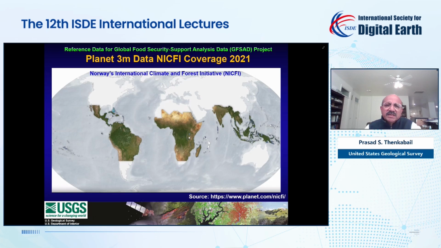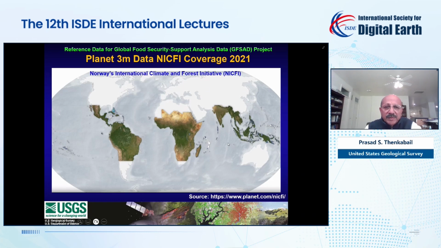One means is to get this data from 3-meter resolution, planet-wide data from the PlanetScope Doves and SuperDoves. They acquire data almost daily. And Norway's International Climate and Forest Initiative acquired this data and made it freely available for the entire world, especially for the tropics.